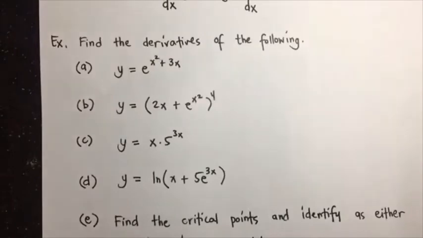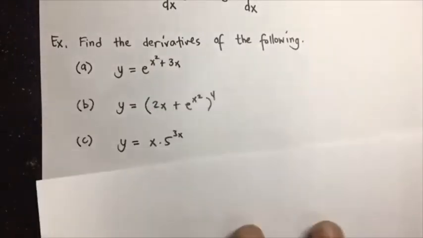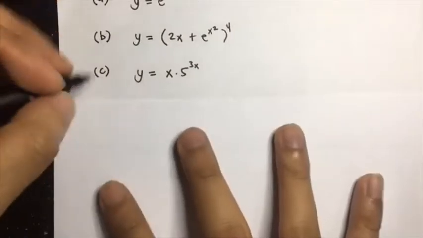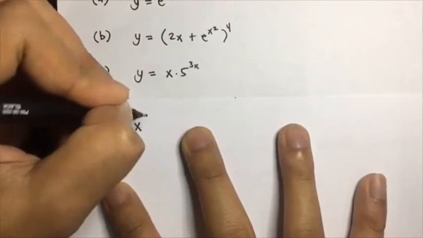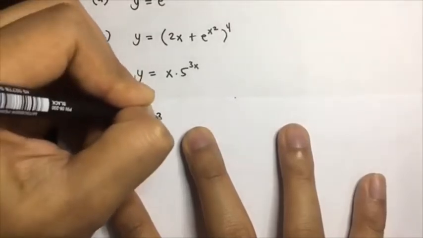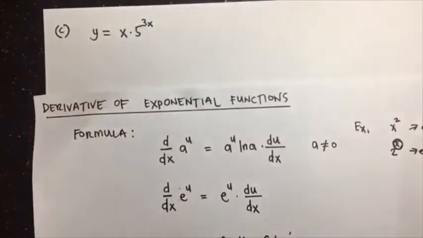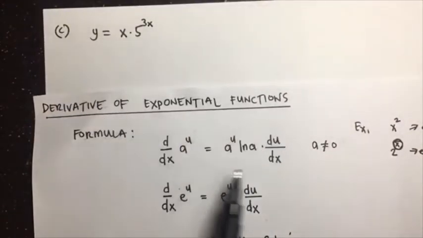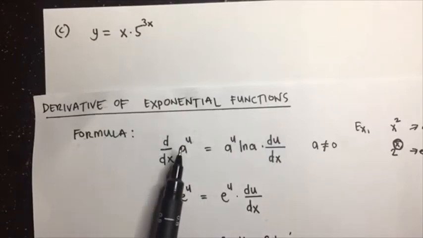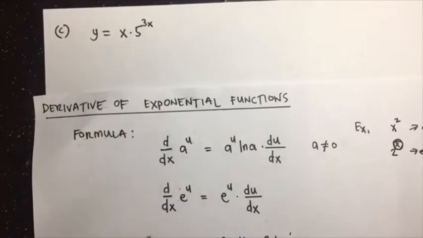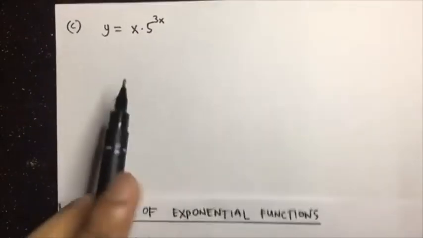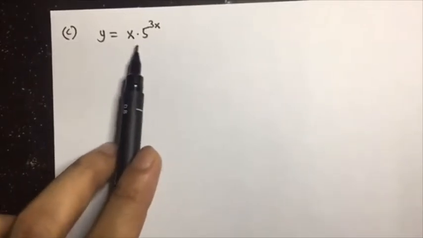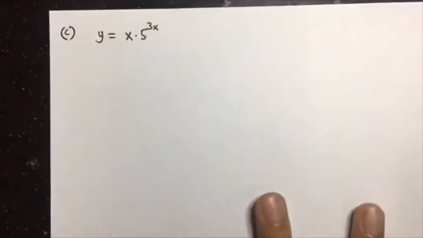So next we have the third one, letter C. Copying, we have y is equal to x times 5 raised to 3x. Obviously for this we will be using the first formula where a is any constant not equal to 0. In deriving this, as you can see, we have a product, so we will be using the product rule.